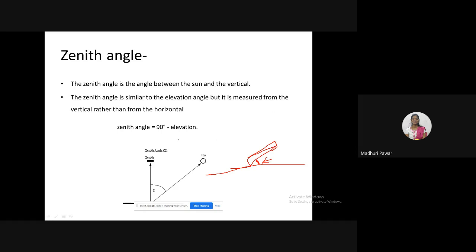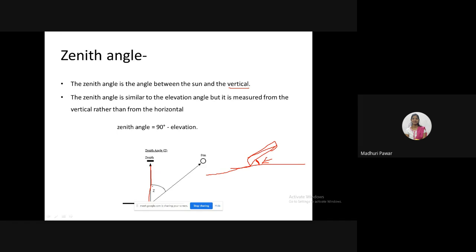Here in the zenith angle, we are measuring our angle with respect to the vertical reference. It is the angle between the sun and the vertical.